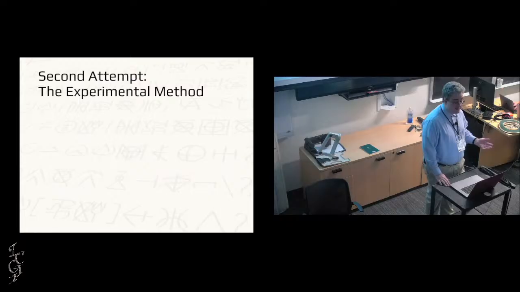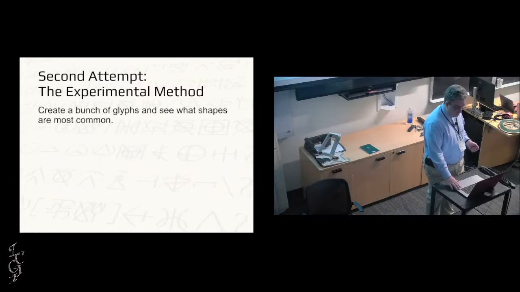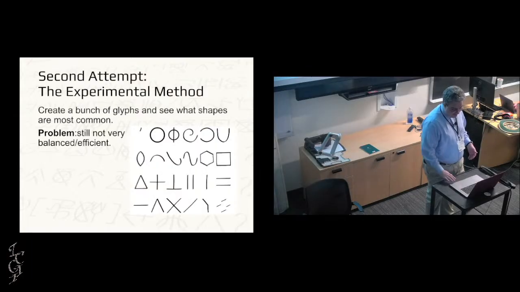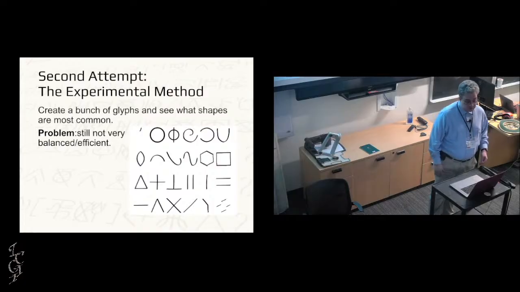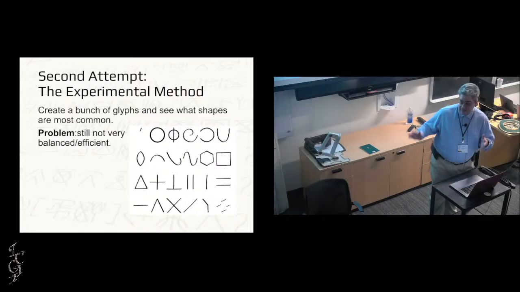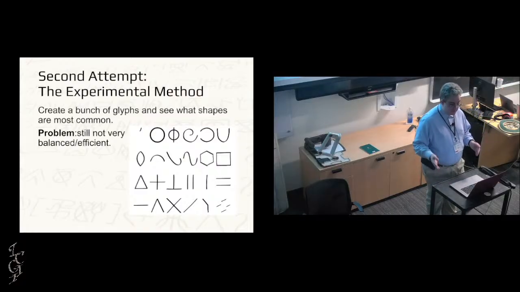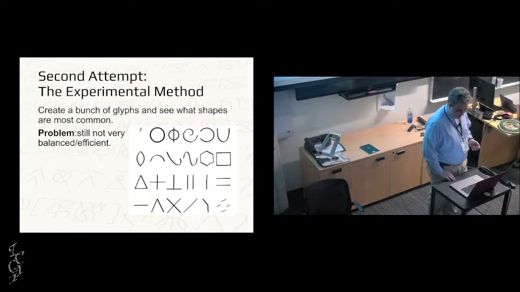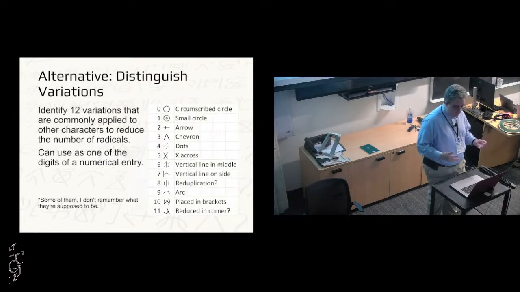So my second attempt was more experimental, which was to just create a bunch of glyphs and see what shapes were the most common. And I came up with this set of 24, which is better, still not very balanced, but usable, I guess. But I was hoping for something more balanced than this, and actually more base 12 than this. And that's something I'm still trying to figure out.